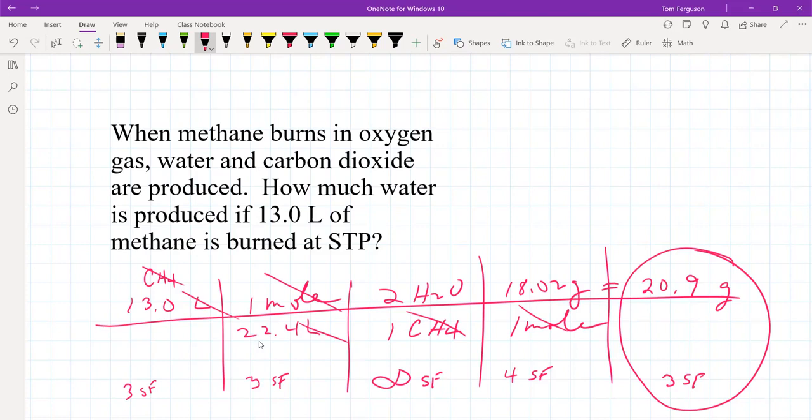Don't forget there are 3 main conversion factors we've been using: Avogadro's number, the 6.02 times 10 to the 23rd, 22.4 liters of any gas per mole, and then the molar mass from the periodic table. Those are the three conversion factors. Okay, so is everyone okay with this problem?